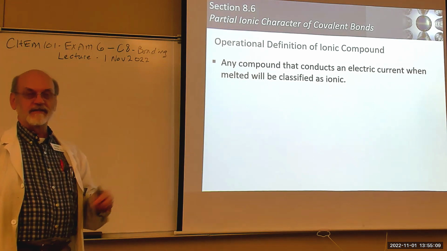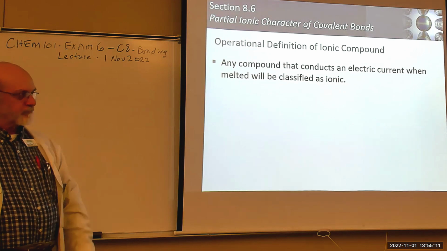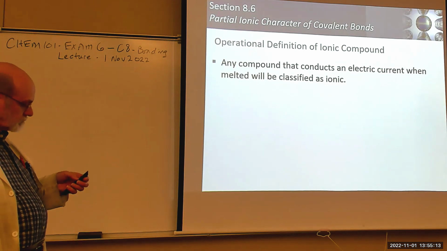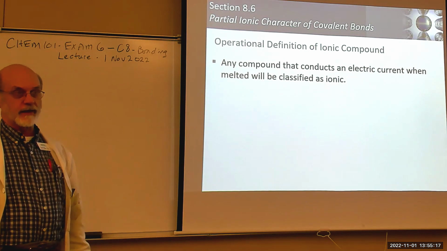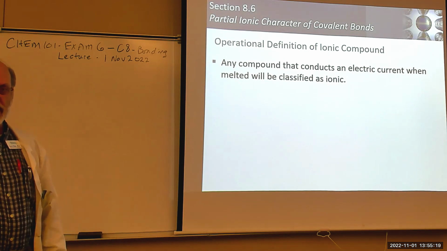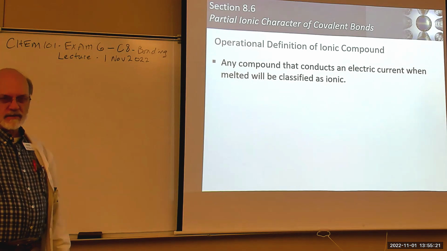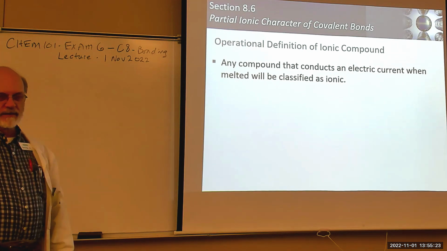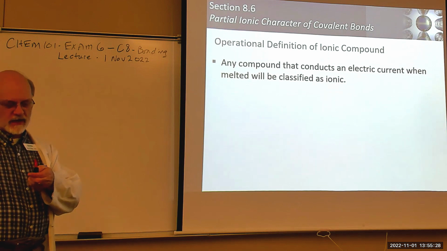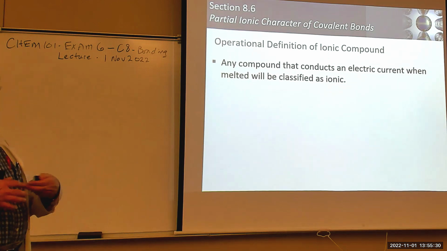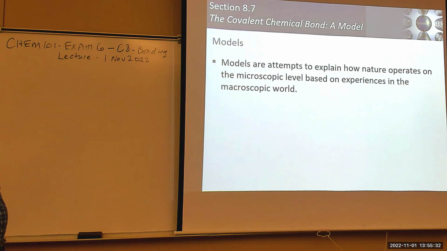But if you melt it, then they're free to move. But if you melt a substance and it doesn't conduct electricity, then it's not ionic. Like if you have a cube of sugar and you melt it and then put your electrodes in there, you won't conduct electricity. It's not ionic. That's an operational definition.